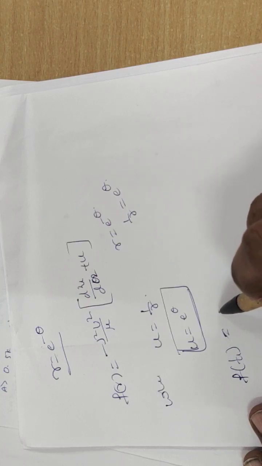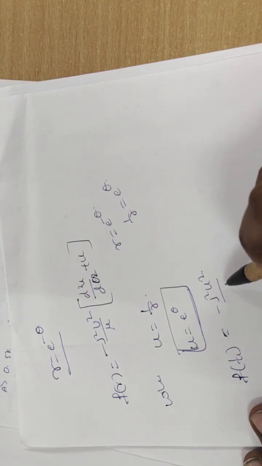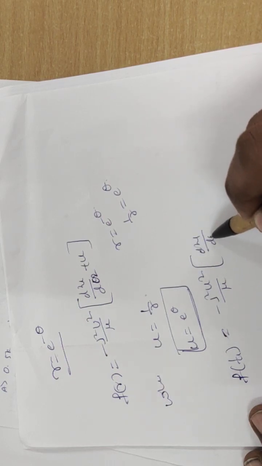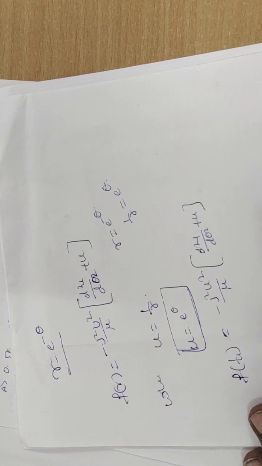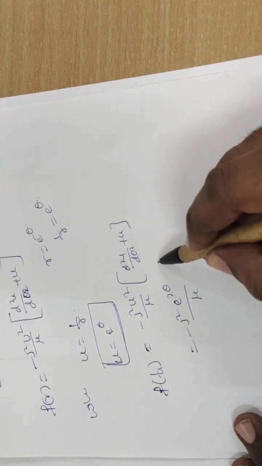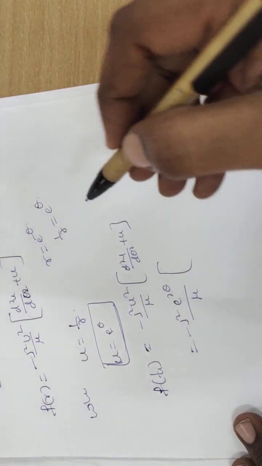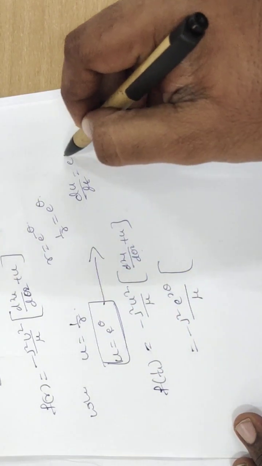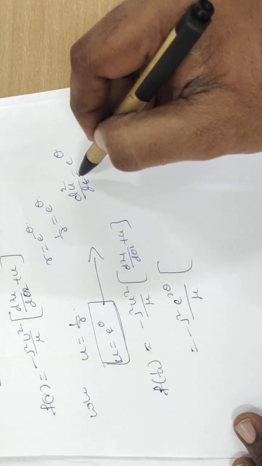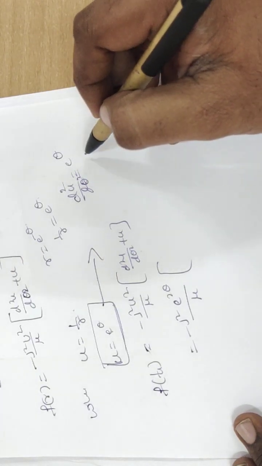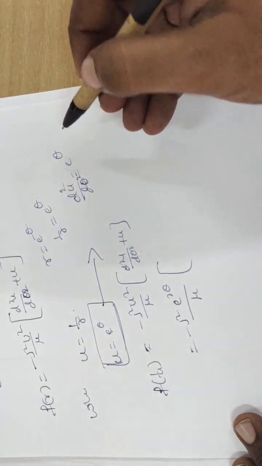It is equal to minus j squared u squared divided by mu into d squared u by d theta squared plus u. Therefore minus j squared u squared is nothing but e power 2 theta divided by mu into d squared u with respect to d theta squared. So differentiate this two times. du by d theta is nothing but e power theta, and again differentiating with respect to theta we get e power theta, because differentiation of e power x is nothing but e power x.